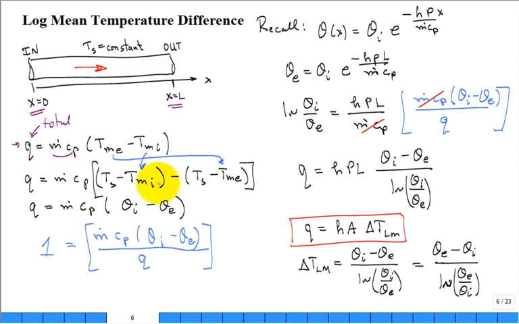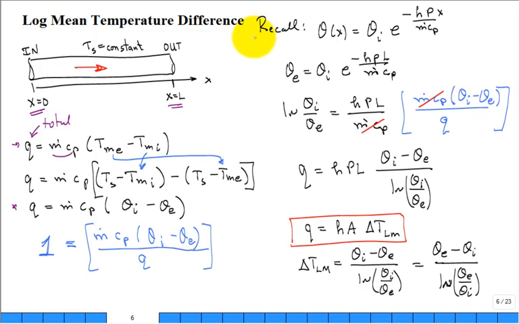Well, you just play by introducing theta and you get this equation. So the total rate of heat transfer into the fluid is equal to m dot c times theta inlet minus theta exit. I'm going to cast that like an equation where 1 is equal to that ratio. It's like I'm using this as a unit conversion factor.